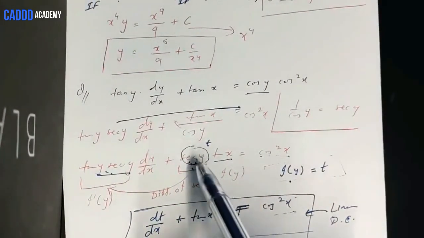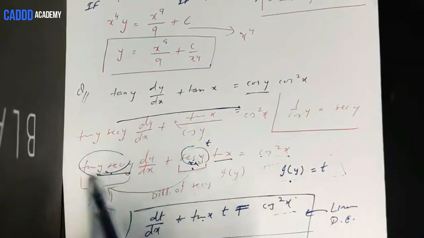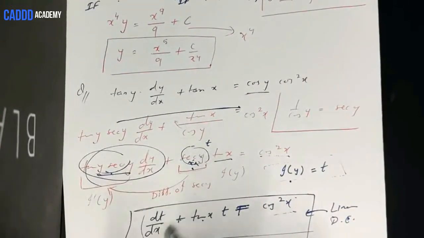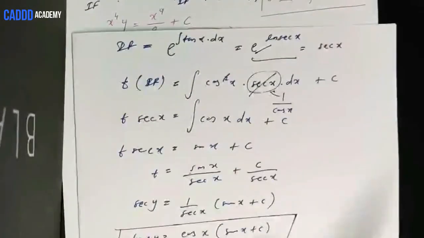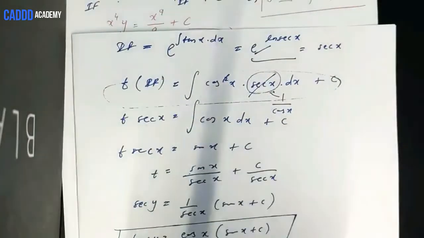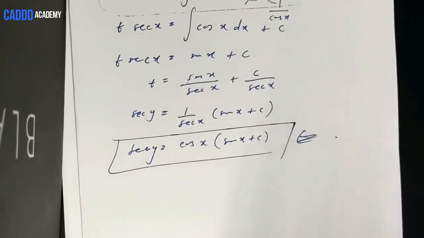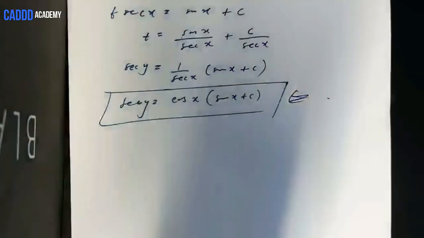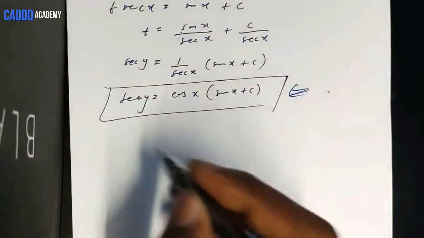We have put this thing equal to t, and this whole thing is converted as dt by dx. After that we got the integrating factor and solved it like a linear differential equation and got the solution, which is this.